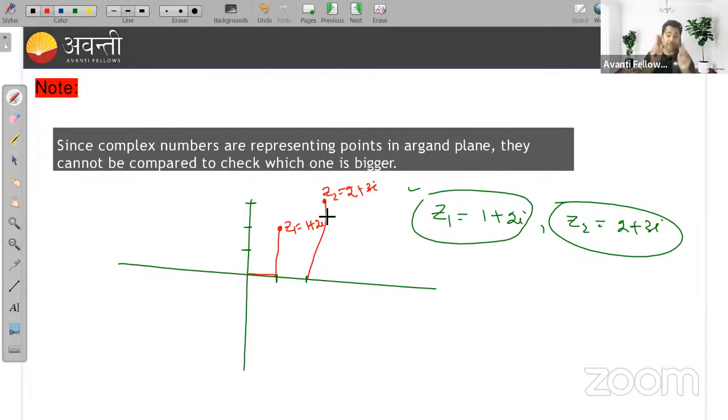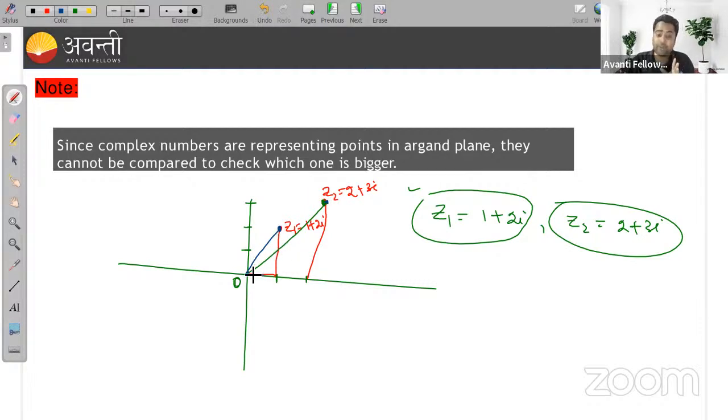But one thing we can do, we can say the distance from origin to point z2 is bigger than the distance from origin to z1.